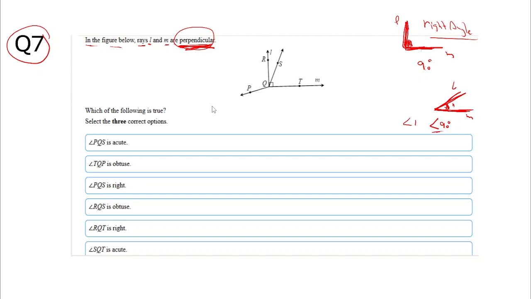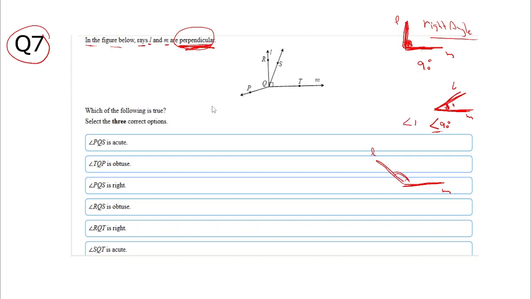Another type of angle: this is the ray M and this is the ray L. If you see this angle, it's bigger than 90 degrees. So this angle is called an obtuse angle.